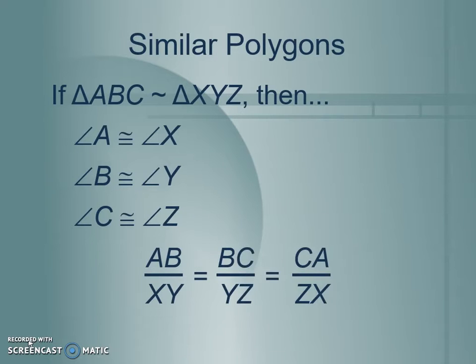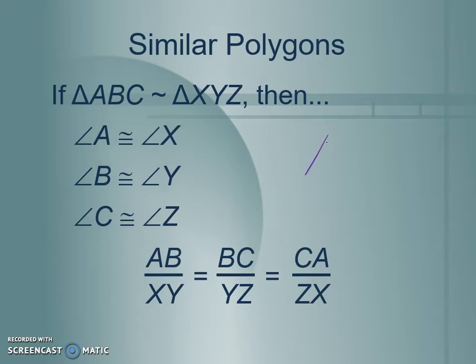And then segment AB is similar, or proportional, to XY. BC relates to YZ, and CA relates to ZX. And it might help if you just draw out a triangle to see that.